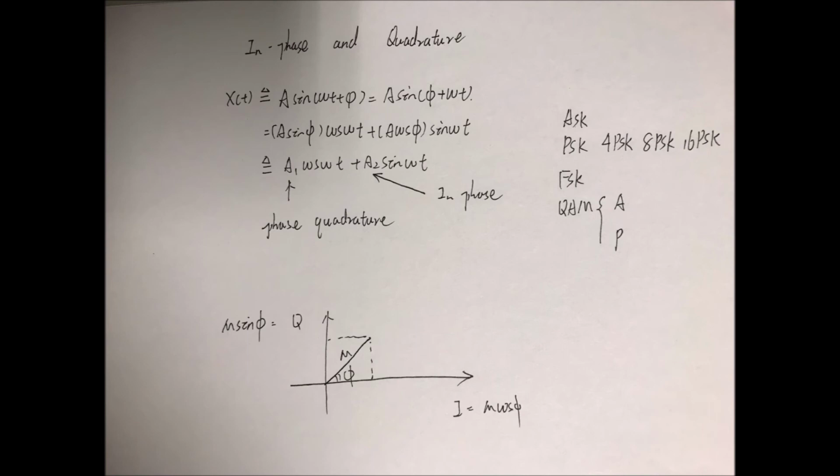Find a sinusoid signal. This is my amplitude, frequency and phase. So how can I use IQ to deal with phi, deal with this phase? Okay, here actually I just switch the position of phi and omega t.